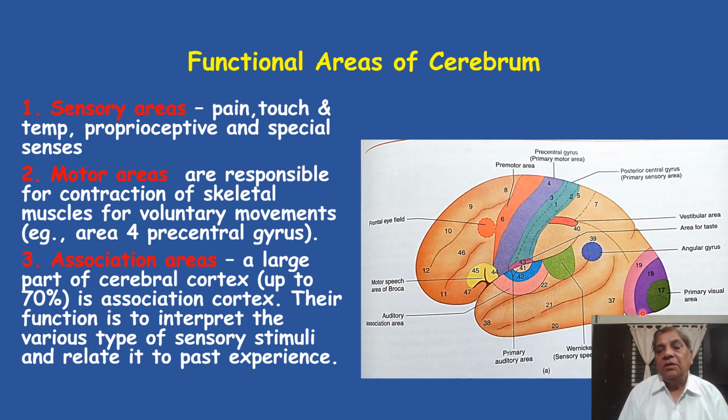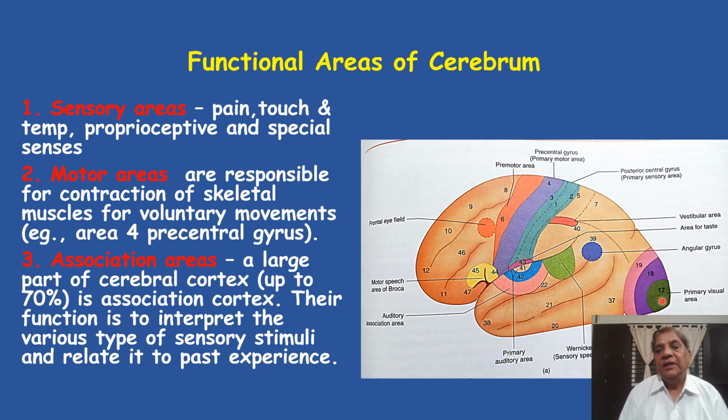But you will not be able to understand what you are seeing, or recognize the object, unless area 17 projects onto association areas 18 and 19, which function based on past experience.